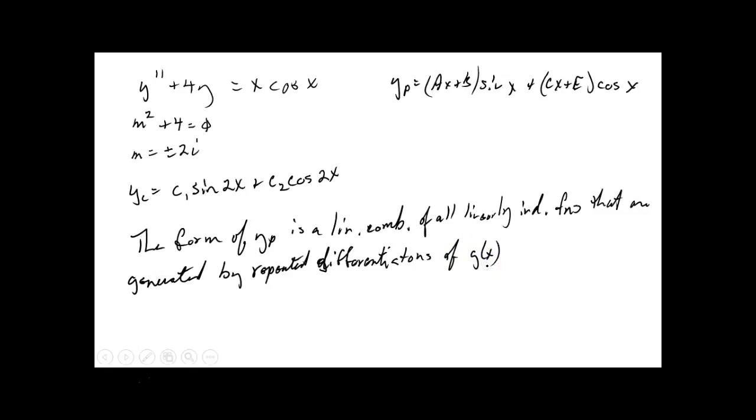Now, when they're multiplied together, you just keep them multiplied together, but you expand them however you need. If they're added or subtracted in the function g of x, then you do linear combinations of those. Now, it's not the pure linear combination we were doing before with the complementary solution, because notice there are no constants.